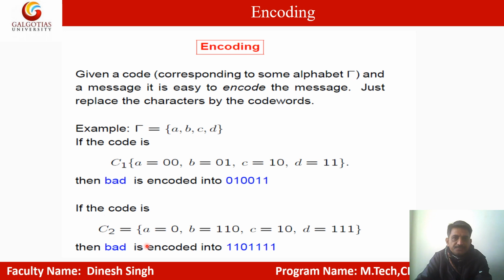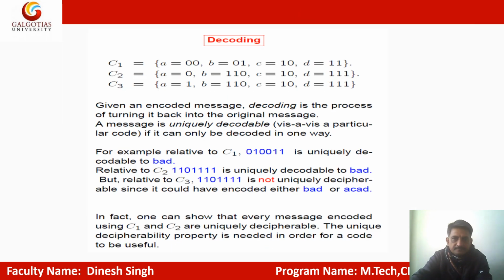If the code is C2, where A is equal to 0, which is variable length, then it can be encoded into 110, 0, 11. So C1 is having A 00, B 01, C 10 and D 11. C2 is having A 0, B 110, C 10 and D 11. C3 is having A 1, B 110, C 10 and D 11.